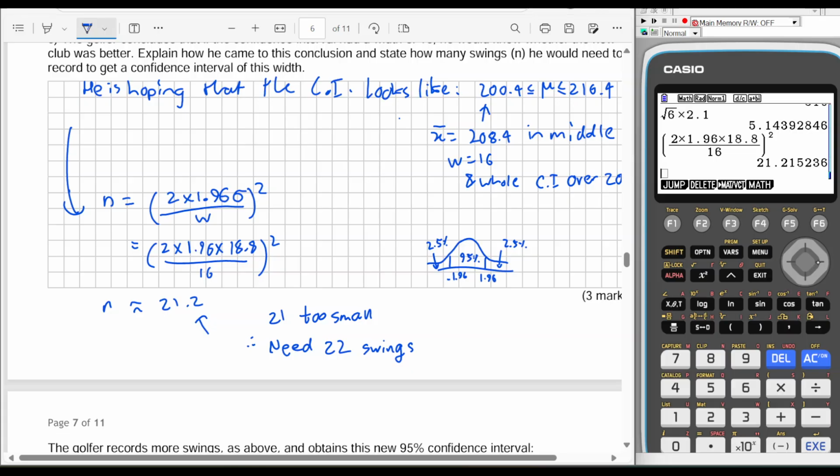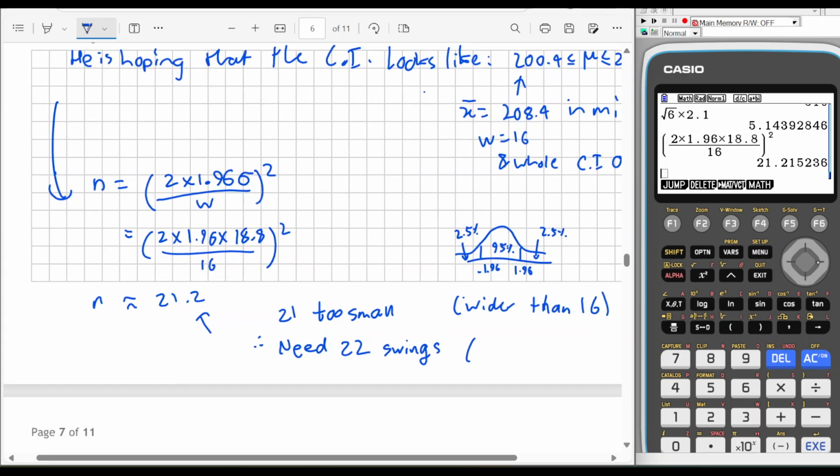If you do a confidence interval with 21, you will notice that it's wider than 16, which you don't want. If you could do a confidence interval with exactly this number, you would get exactly 16. But since n has to be a whole number, this one is less than 16. And these are the widths that we're talking about here. So that's why you need 22 swings.